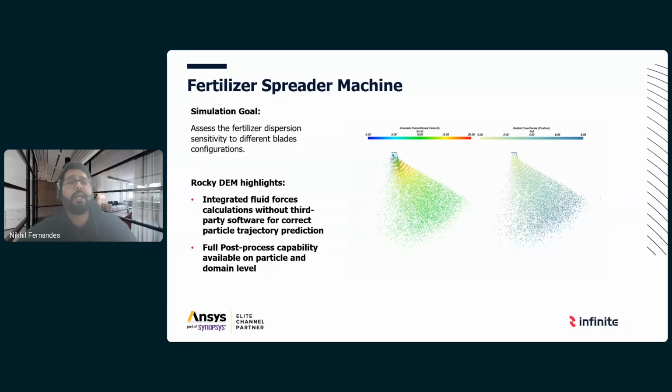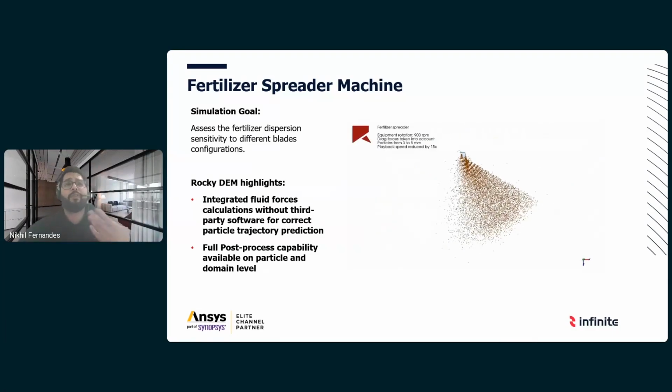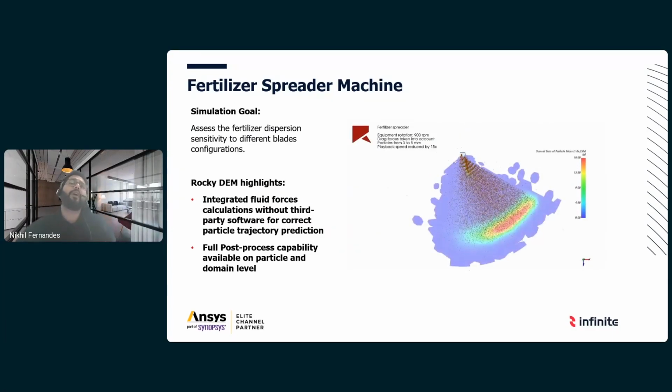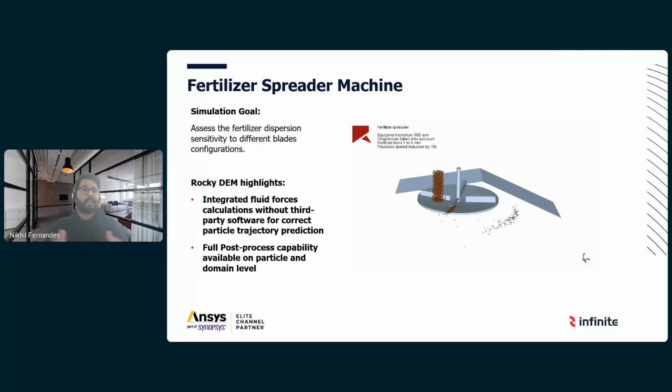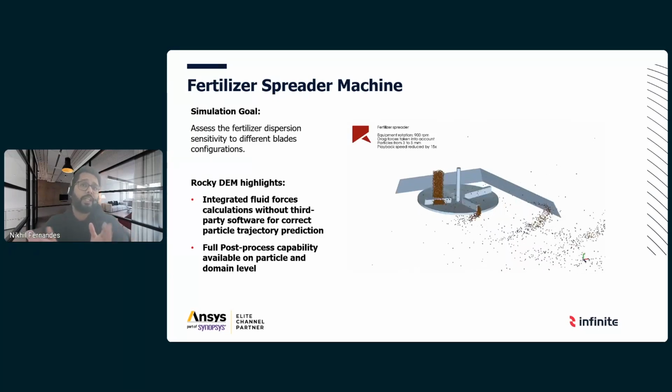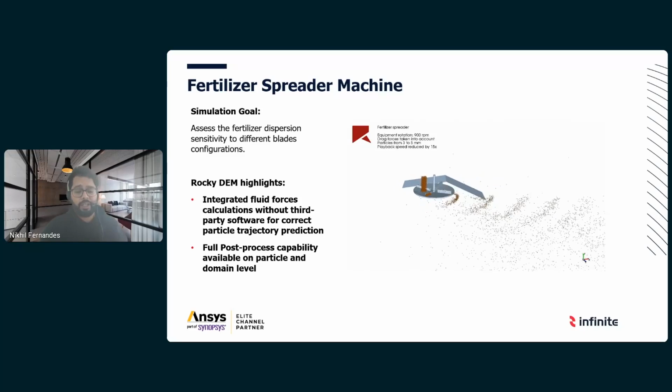But imagine if you have varying airflow patterns. This is where we have Ansys Fluent, which will combine with Ansys Rocky to create a one-way coupling between the two. But if you know your surrounding air velocity, which is constant, you can already incorporate this into Rocky itself.